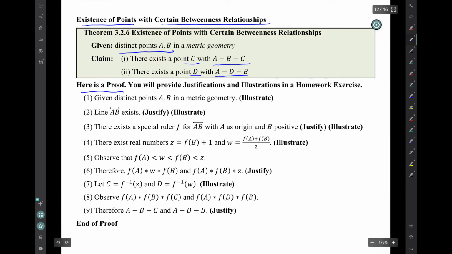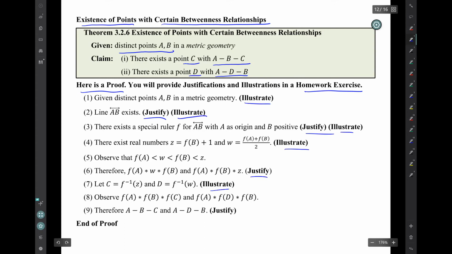I'm not going to explain this proof. It's very detailed, and notice that this proof does not have illustrations or justifications. In your homework exercise, you are going to be called upon to justify and illustrate the statements of this proof where indicated.